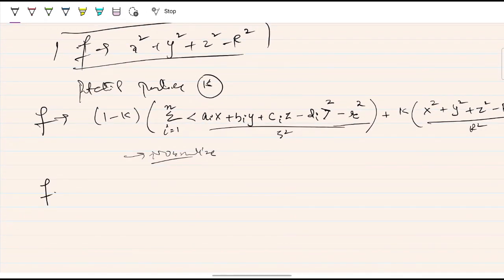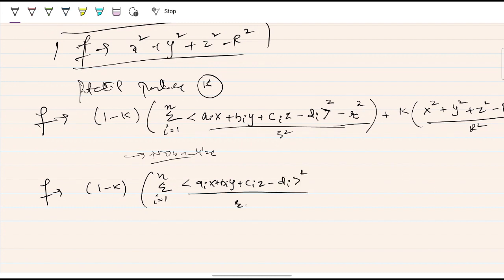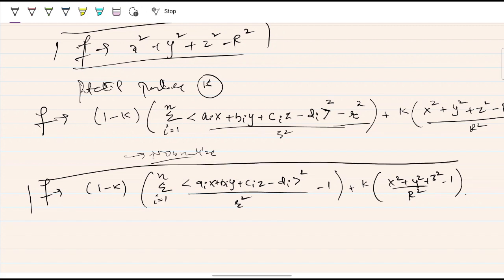So we get the function 1 minus k, summation of i equal to 1 to n, a_i x plus b_i y plus c_i z minus d_i whole square divided by r square minus 1, plus k times x square plus y square plus z square divided by r square minus 1. This is the normalized form, and we're going to code for this form.